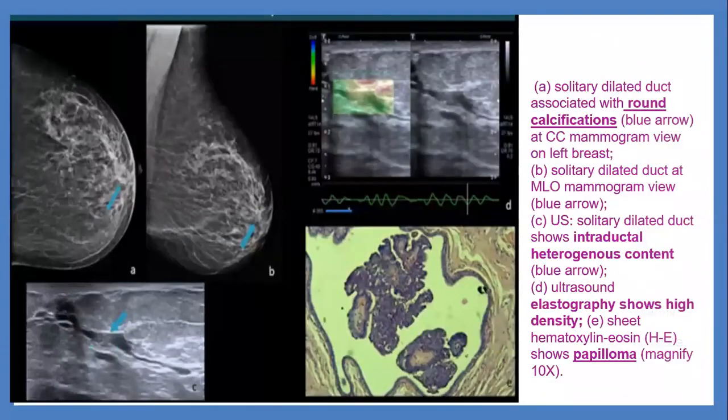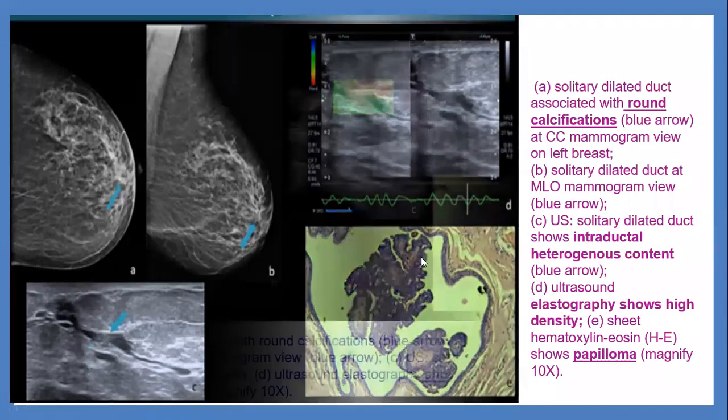This is here an example of solitary dilated ducts, and on this ultrasound the solitary dilated duct demonstrates intraductal soft tissue lesions, and this is the elastography showing a high density lesion, and on pathology it was a papilloma.